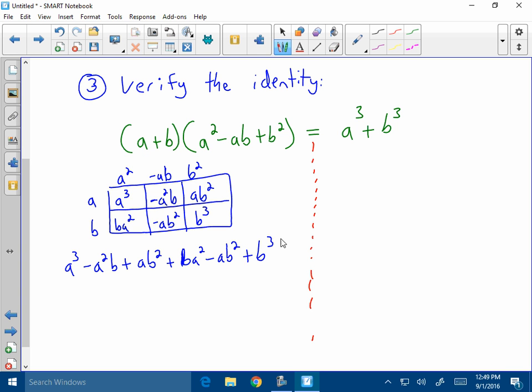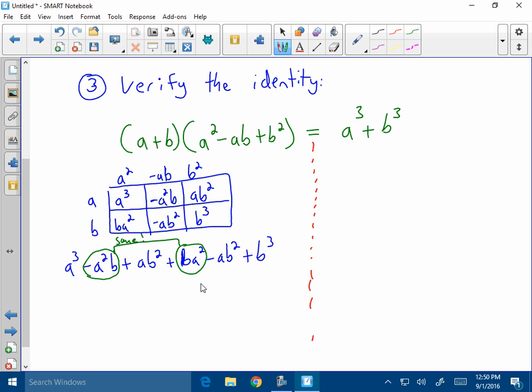Check this out: this negative a squared b, and right here I have ba squared, but it's multiplying, so the order doesn't matter. So this negative a squared b and this positive ba squared are actually the same thing. And not only that, but they're going to cancel themselves out because one's a negative and one's a positive. So those are gone.